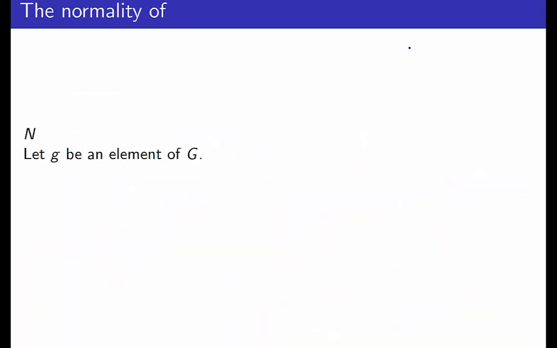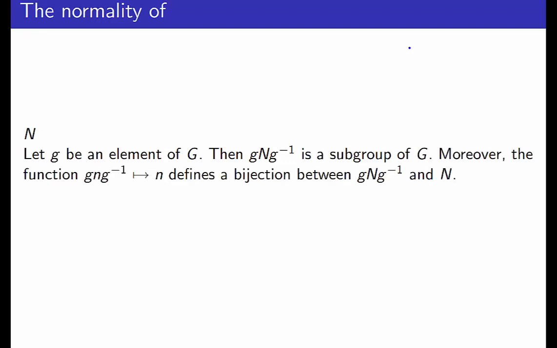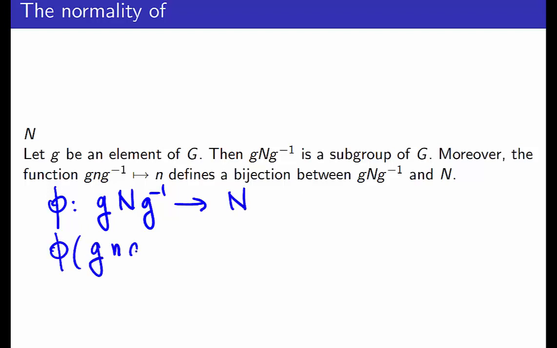All right. Now let us prove the normality of N. So let g be an element of the group G. Then the conjugate of N is a subgroup of G. Now consider the map phi, which sends N to g N g inverse.